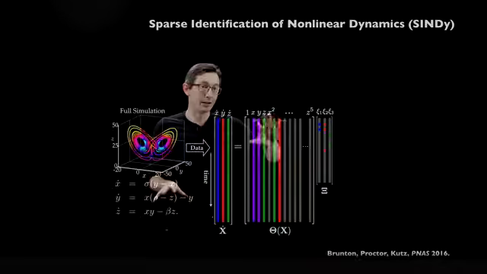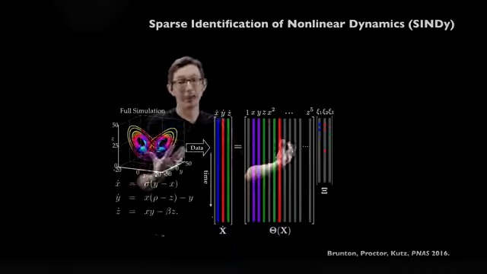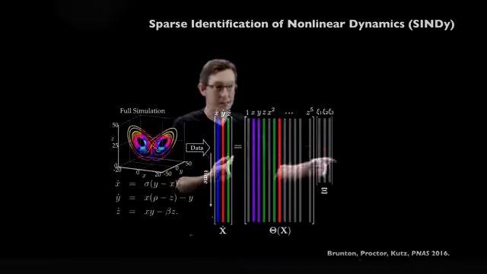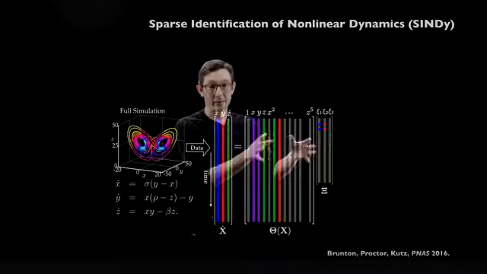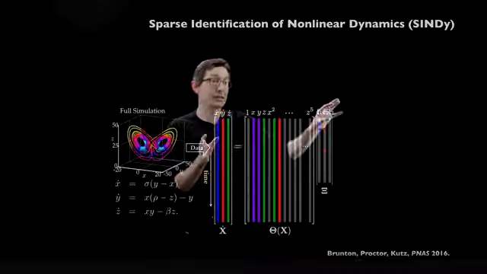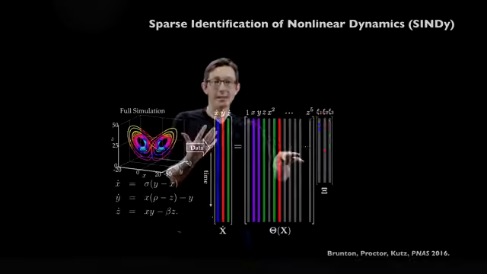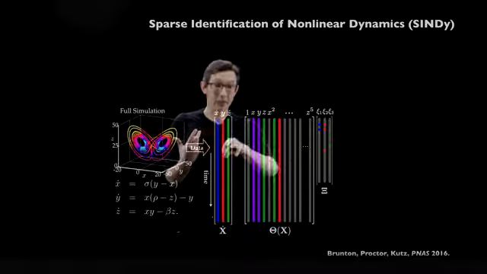And again, this starts to look like a sparse regression problem, like a LASSO problem. You want to find the fewest columns of this matrix that add up to equal x dot, y dot, and z dot. Okay, so you want a sparse Xi vector here, or Xi matrix, that multiplies this feature library to predict the derivatives.